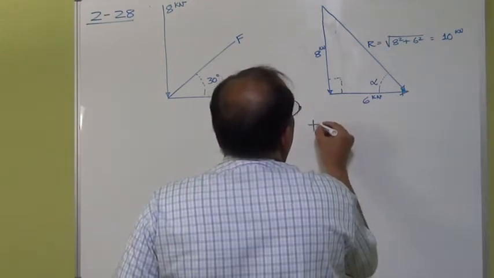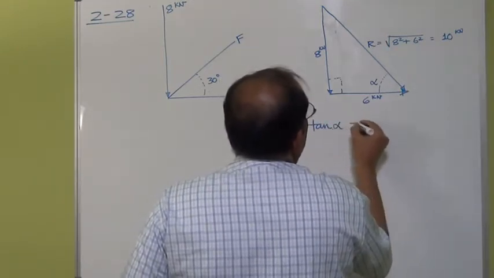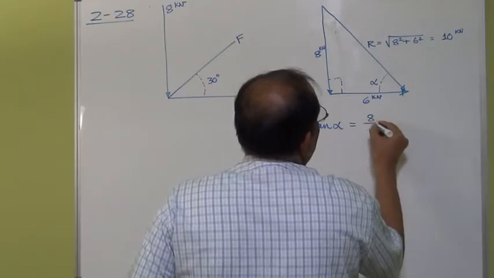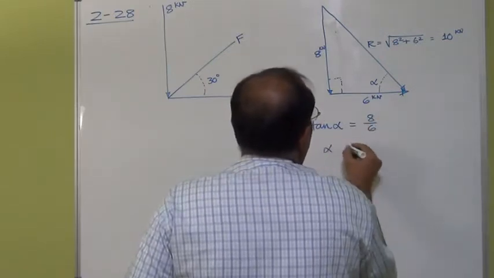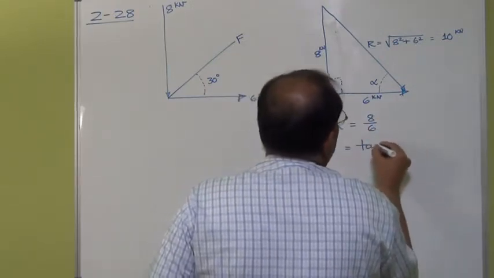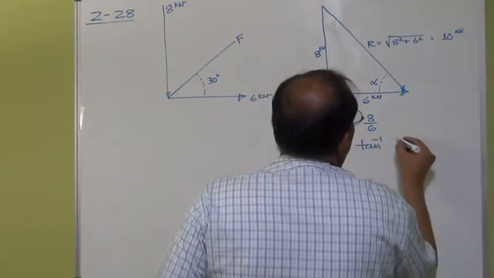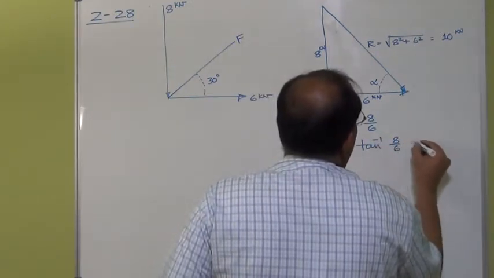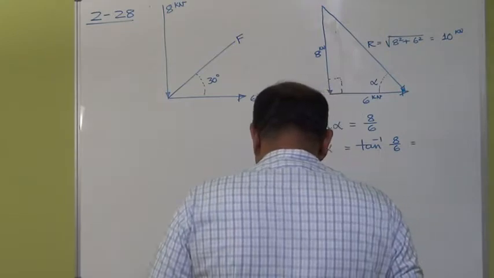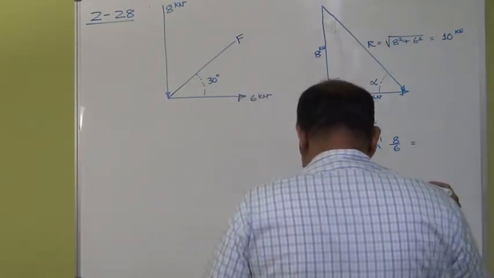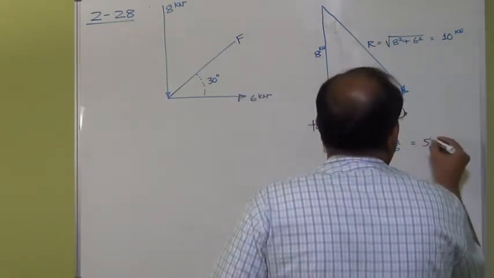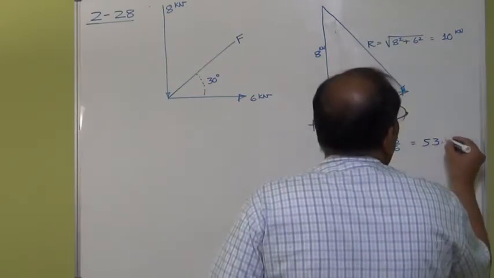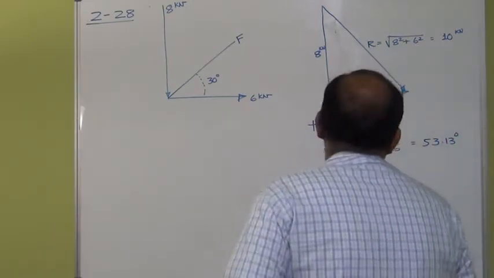So tan alpha is basically 8 by 6. So alpha is equal to tan inverse of that, which is basically 53.13 degrees.